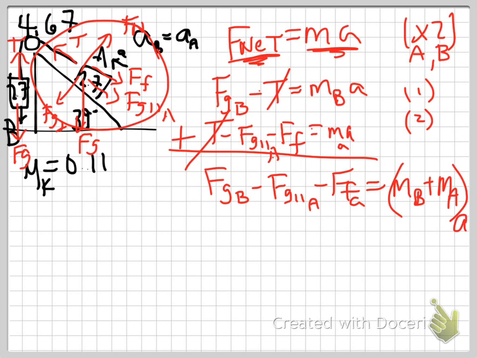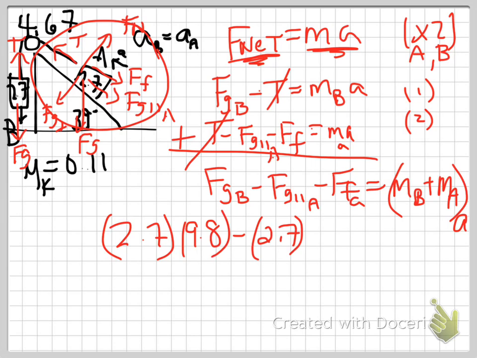FGB is pretty simple. It's 2.7. I'm going to leave out units. I don't have a lot of room here on this little iPad. Minus 2.7, 9.8. The parallel component is the sine of 39 degrees.